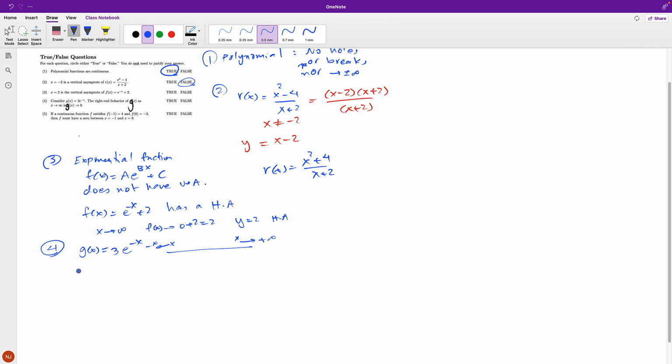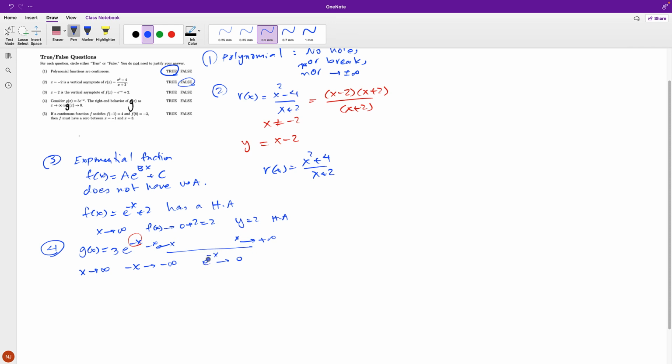So the right-hand behavior means that the exponent, negative x, goes to negative infinity. Therefore, e to the power negative x goes to 0 as the exponent goes to negative infinity.